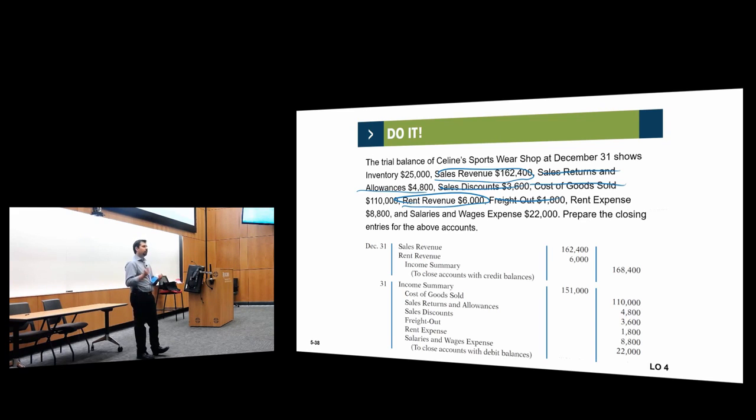Current assets, for example, are in order of liquidity, how fast you expect to convert them to cash. So it depends on each part of it. It's not always in order of magnitude. Sometimes the book would just put it in order of magnitude because it looks easier for you to grasp.